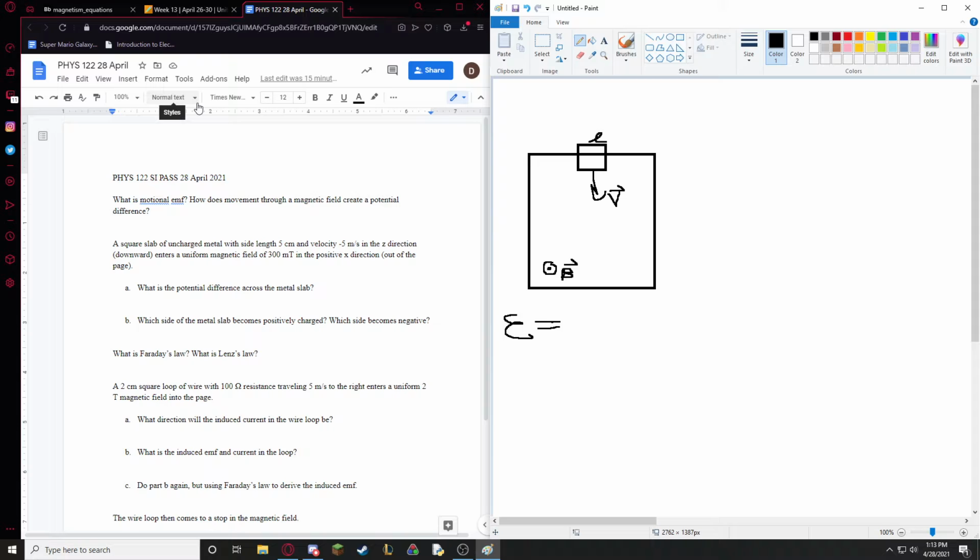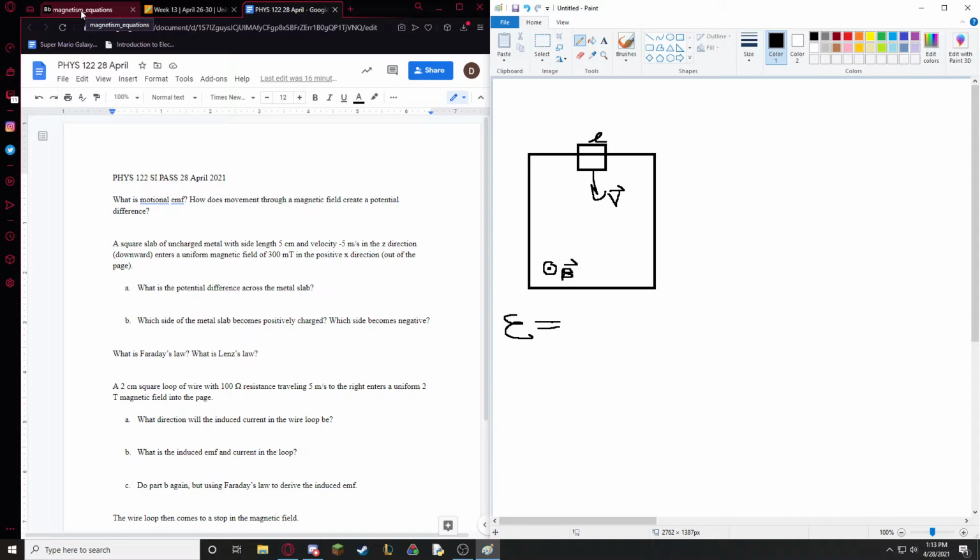Most people like to think of it as a voltage. In reality, it's all about a difference between voltages, so the actual term is potential difference. But essentially it's a voltage across it.